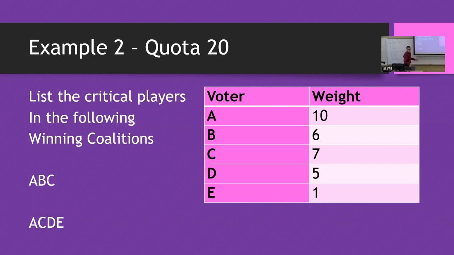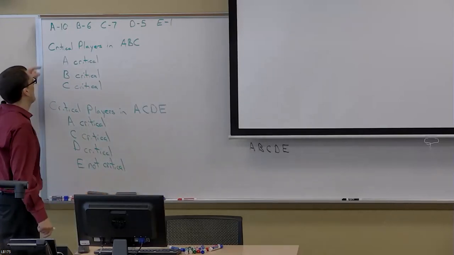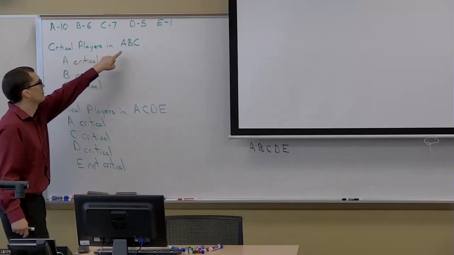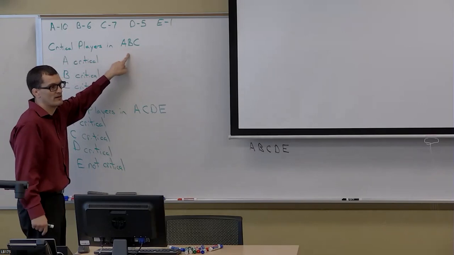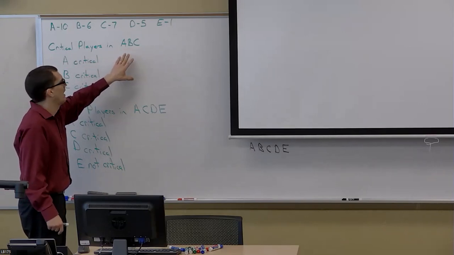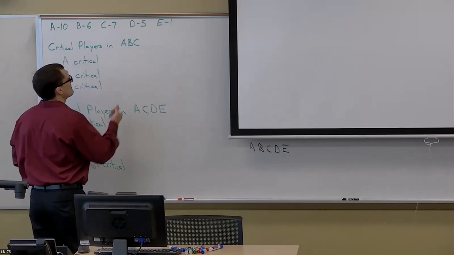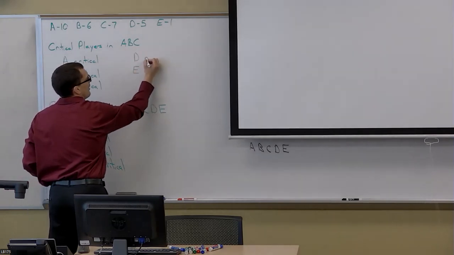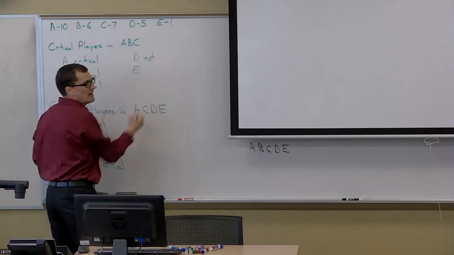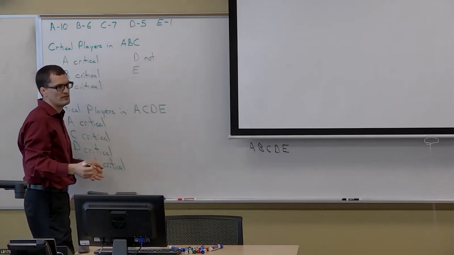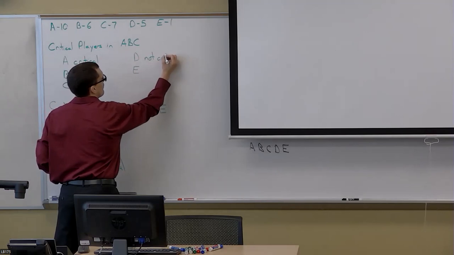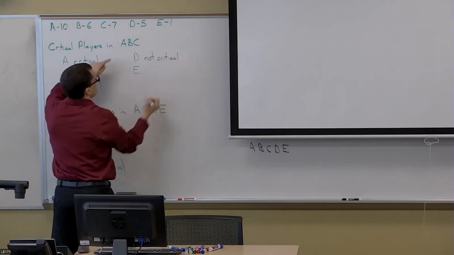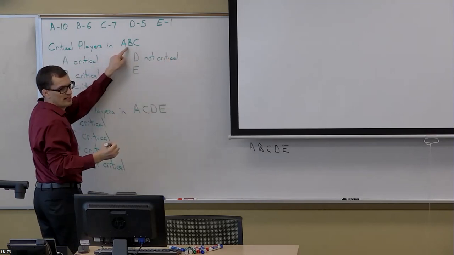One other thing that I wanted to mention before I move on. I said A, B, C are all critical here. Technically, D and E are by default not critical to A, B, C because they're not in there, right?